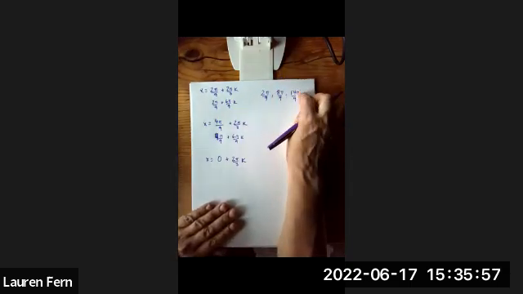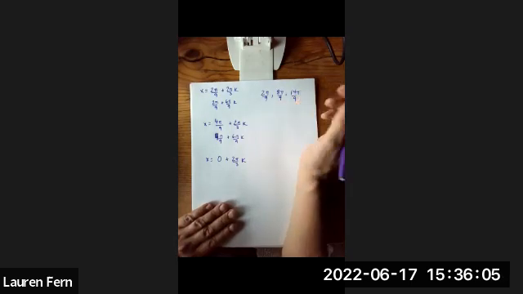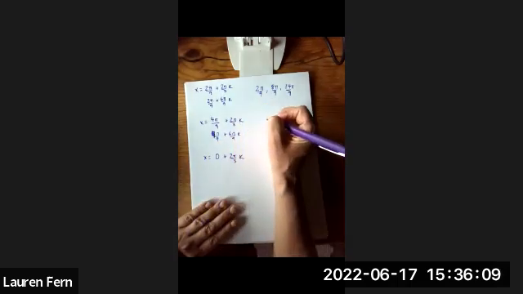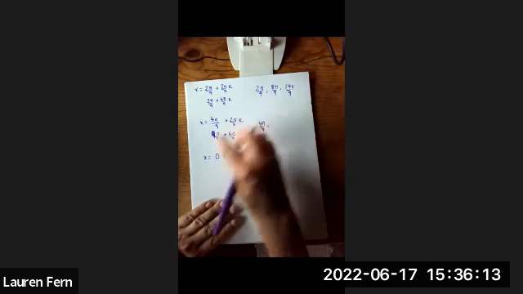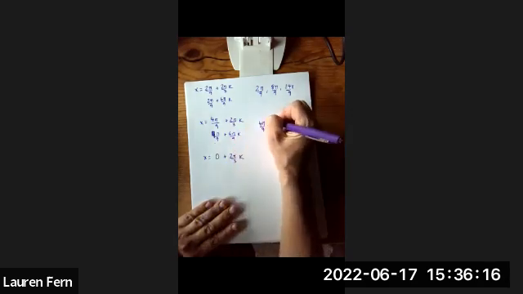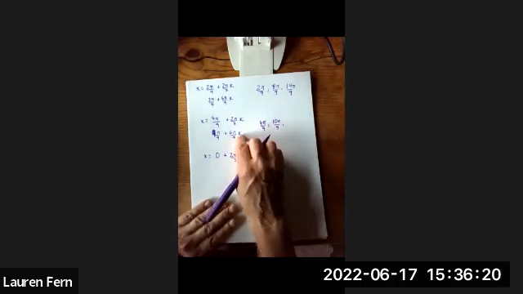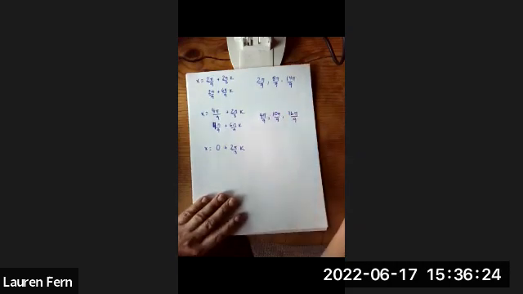Essentially, we want to go from 0 to 2 pi, aka 0 to 18 pi over 9. In this one, if I let k be equal to 0, I get 4 pi over 9. If I let k equal 1, I get 10 pi over 9. And if I let k equal 2, I'm going to get 16 pi over 9.